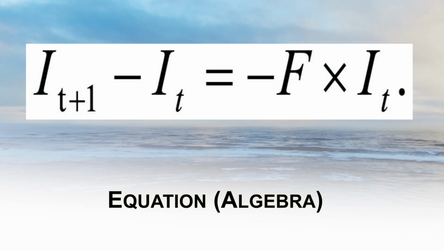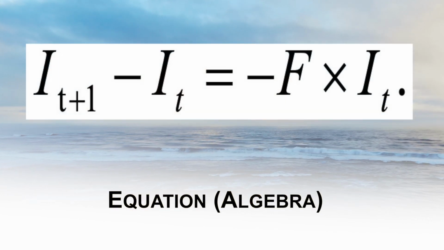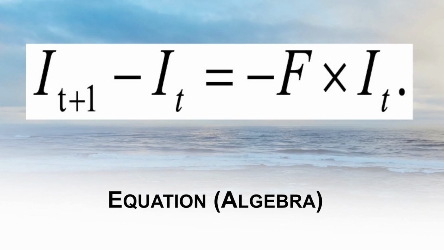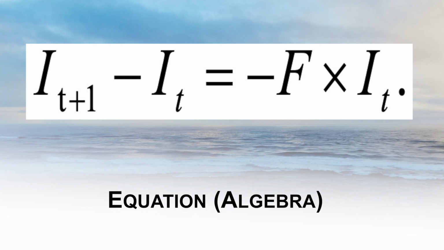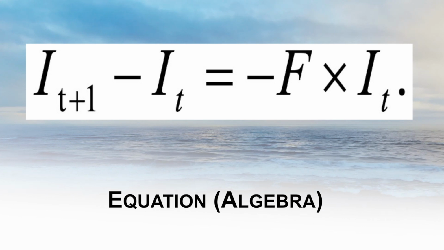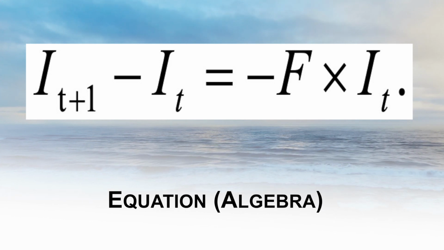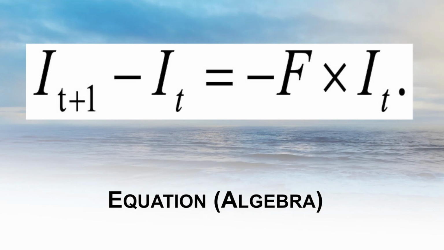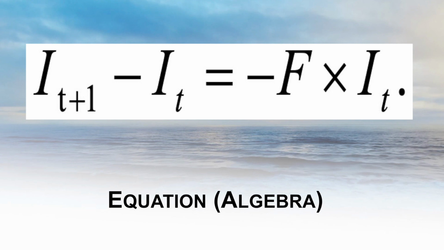Simply, as in the earlier modeling, the same modeling exists here for the light depletion with respect to the depth of the ocean. I(t+1) is the density or intensity of light after time index t+1. I(t) is the density of light at time t. The similar one is represented by minus f multiplied by I(t).